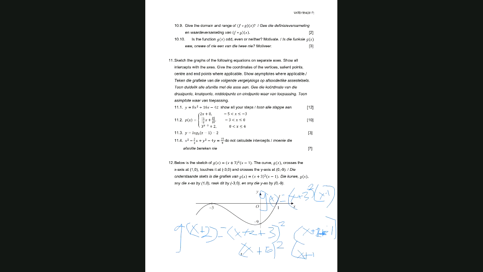Please, does it make sense? It doesn't make sense. Confused. Can you explain again? It says that we must find the equation for g of x plus 2. Is that clear?